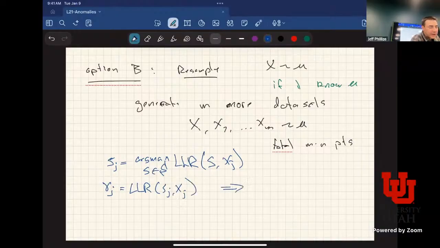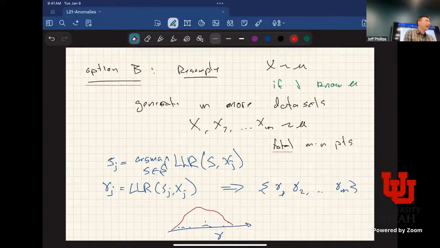And this will give me a set of these scores, gamma 1, gamma 2, up to gamma m. And this will form a distribution of these gammas, right? So I can think of there's some distribution of the gammas.